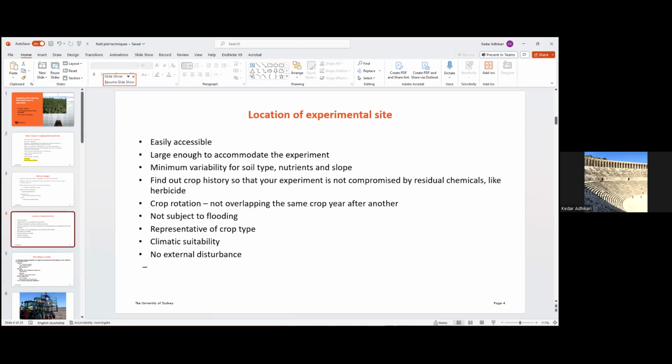For example, if some herbicides were applied which are not compatible with the crop you're going to grow, and the herbicide has a residual effect, it will destroy your trial. So you don't want that to happen. This is kind of common sense, so I don't need to talk too much about these things.